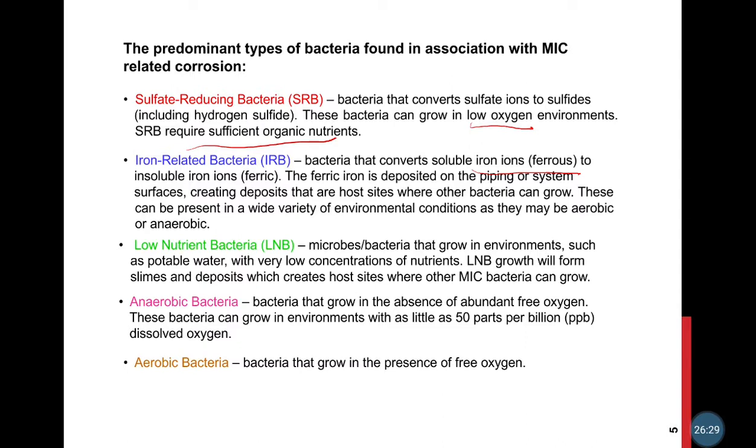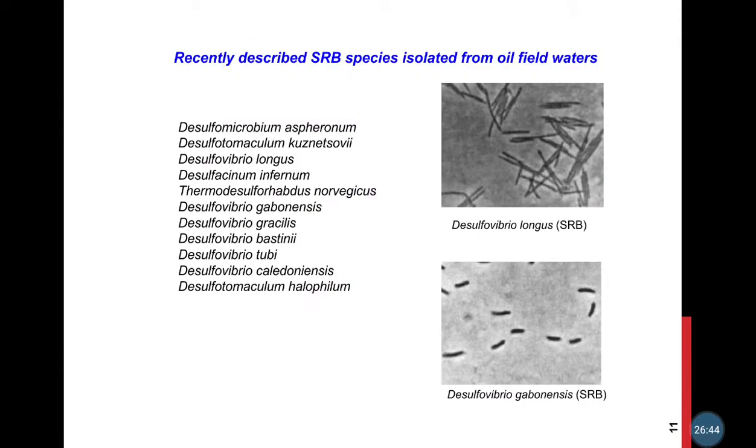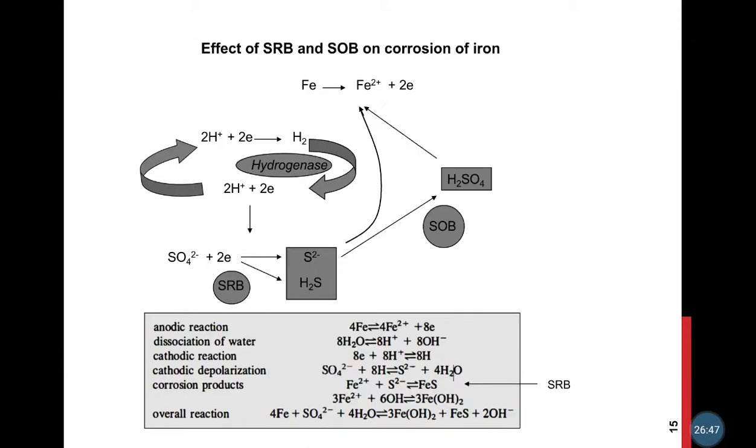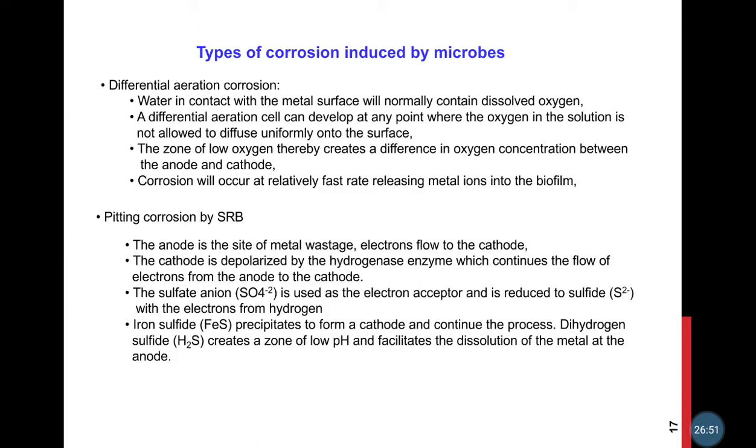So dia boleh menyebabkan berlakunya pitting corrosion dengan menukarkan sulfate ions to sulfides. Okey, termasuklah hydrogen sulfide. Itu yang berlaku pada internal pipeline, which is kita namakan dia sebagai pitting corrosion.